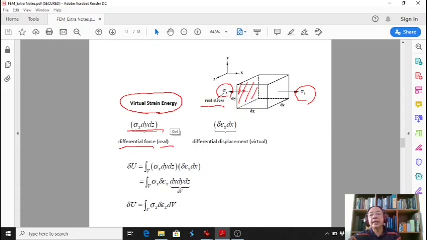We consider this element to be deformed in virtual. So we consider the virtual strain now.